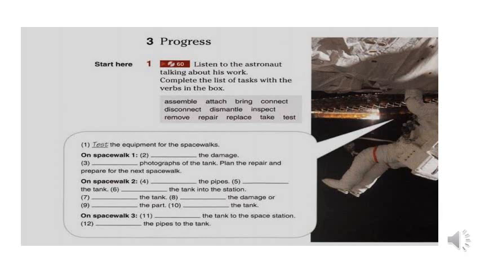There, we plan the repair and prepare for the next spacewalk. In the second spacewalk, we disconnect the pipes from the tank. These pipes carry the oxygen into the space station. We remove the tank. Then we bring the tank into the space station. Back in the space station, we dismantle the tank. We repair the damage. If this isn't possible, we replace the part. Then we assemble the tank again. In the third spacewalk, we attach the tank to the side of the space station and connect the pipes to the tank.